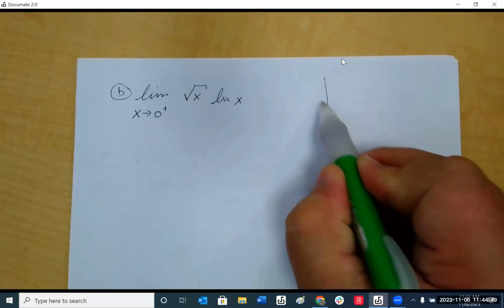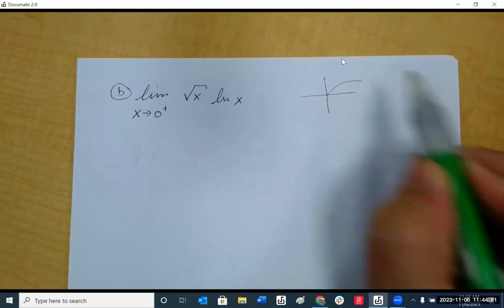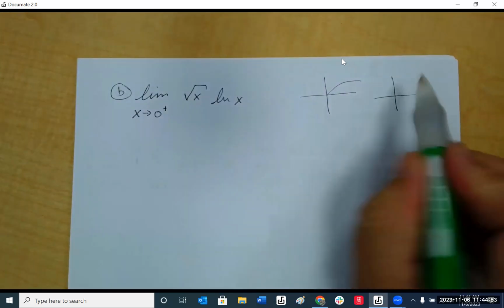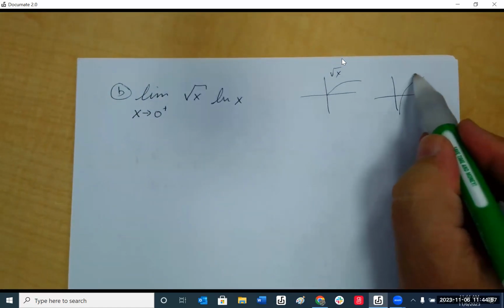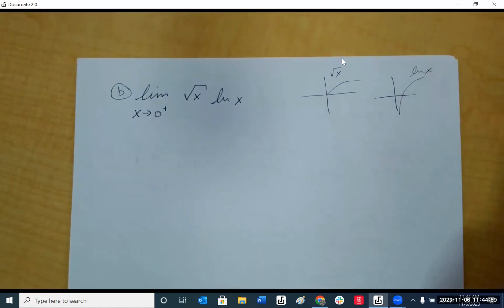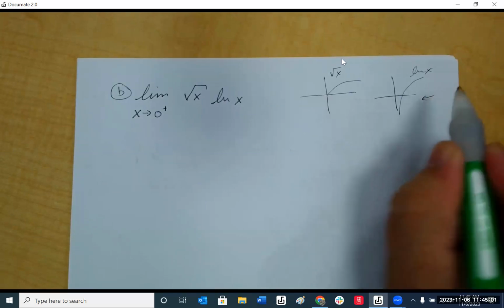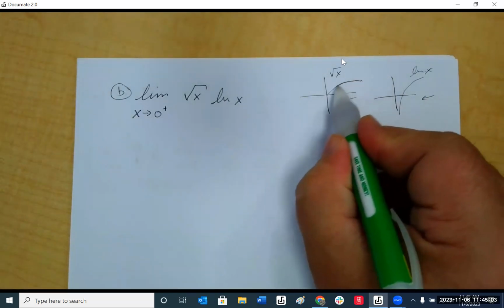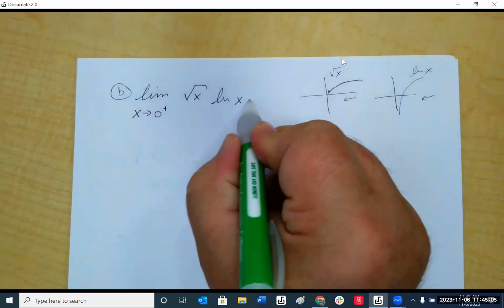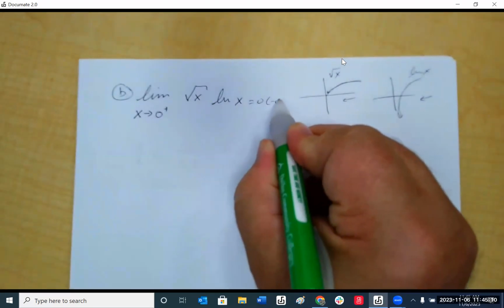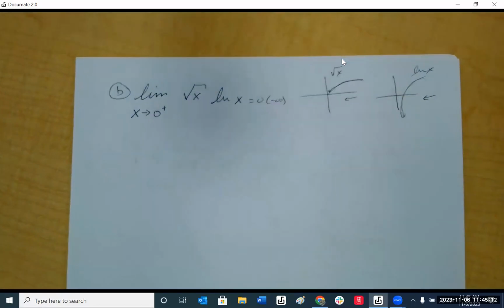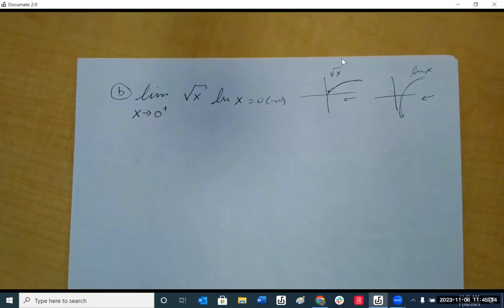Because if you think about it, the ln function looks like this. I mean, the radical, this is radical x. ln looks like this. So as we're coming in from the right, this one goes to 0, and this one goes to negative infinity. So it's indeterminate in that realm.